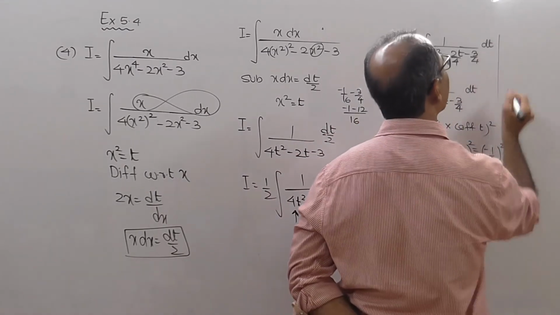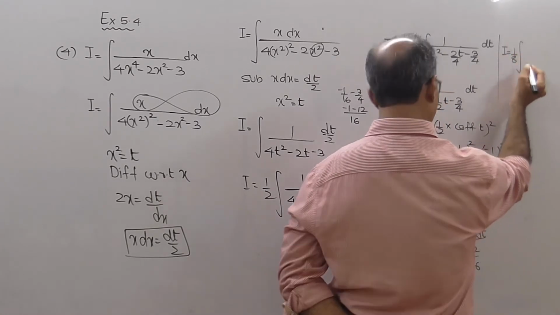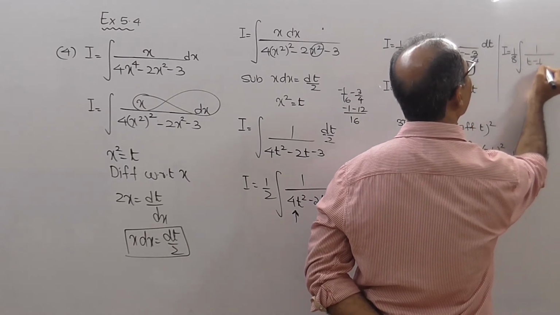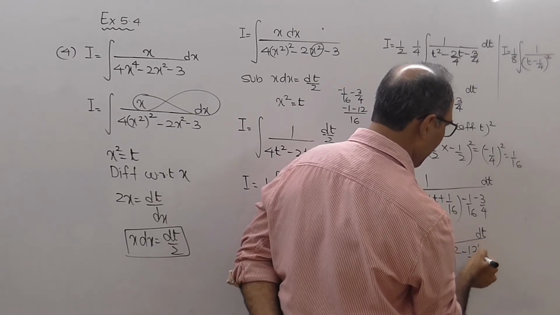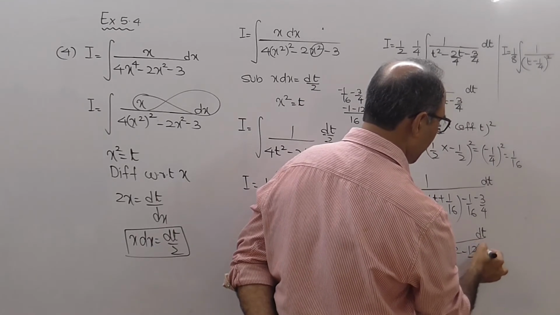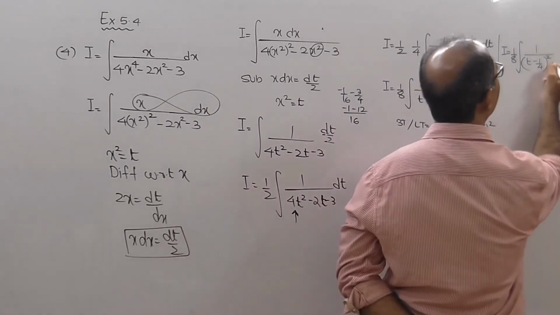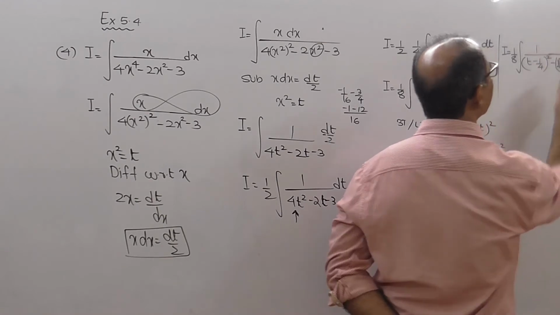So you get I equal to 1 upon 8 integration 1 upon t minus 1 upon 4 the whole square. इसको 12 और 16 को कट करना, 4 should go 3 times and 4 should go 4 times. You get 3 by 4. 3 by 4 is root 3 upon 2 the whole square.